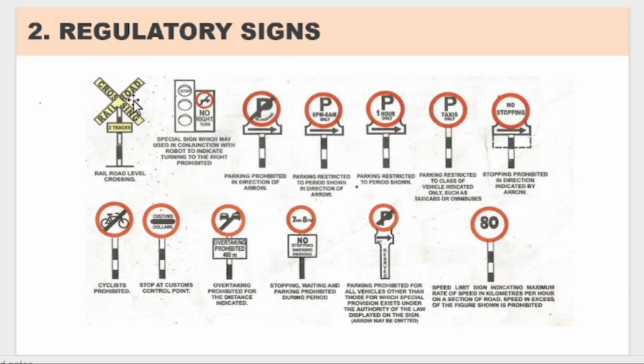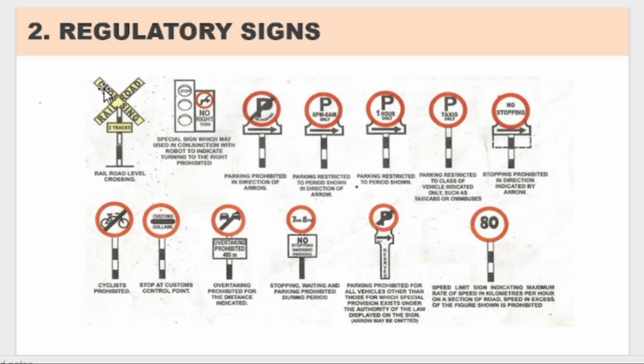Now we have this crossroad here. This is one of those questions that do come. You can get a question like this and they ask you, in what class is this sign? Obviously you can see that this sign is in the regulatory class. How do you remember that? You remember it by this X here.